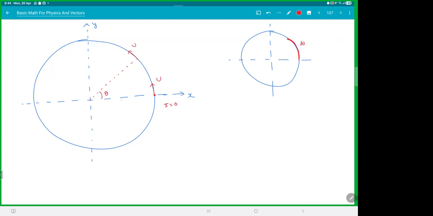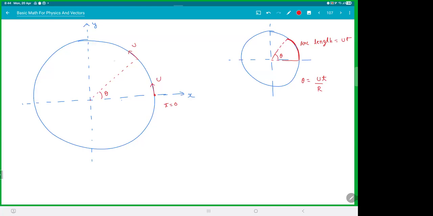So this arc length is speed into time. And this is a circular arc and theta. So what is theta? Arc length by radius, so which is ut by r. That is how you get theta in terms of time. Clear? Remember that? Arc length by radius, so that is how you get theta.